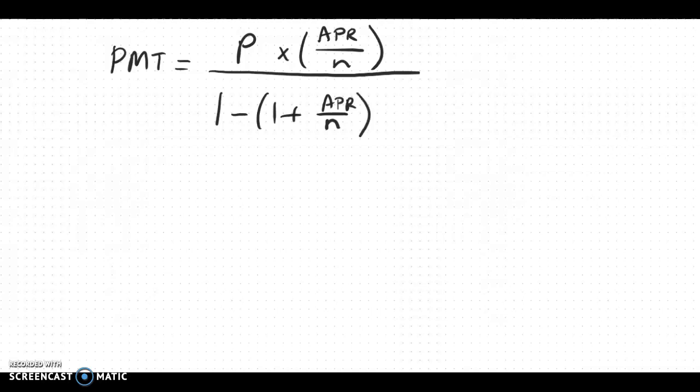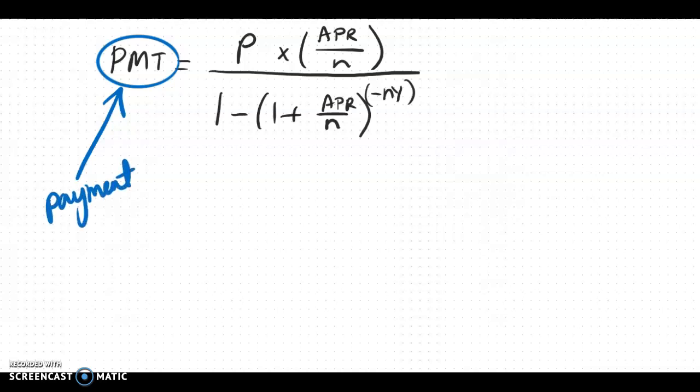So we have PMT. PMT means the payment, typically a monthly payment, but it can vary depending on the problem.